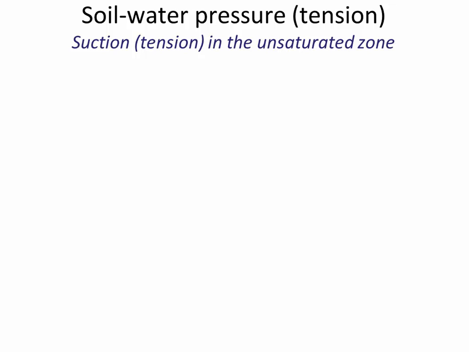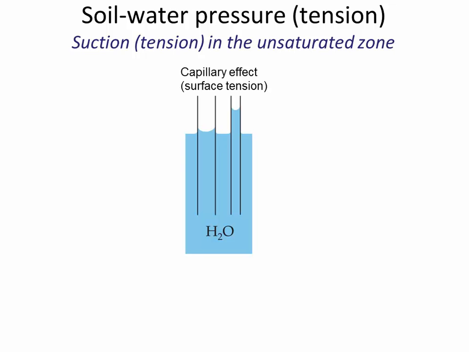Okay, so we're talking about the unsaturated zone. This slide is talking about how much suction or tension there is in the unsaturated zone. Tension is a measure of how badly the soil wants moisture.